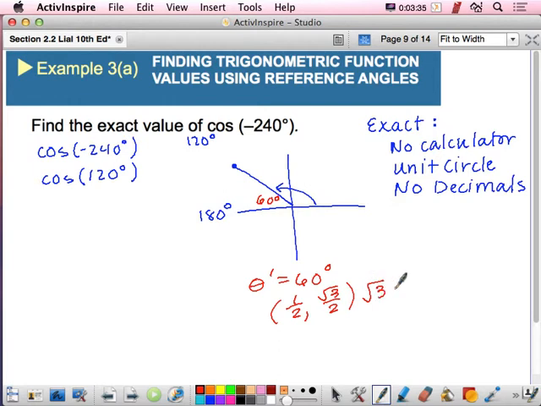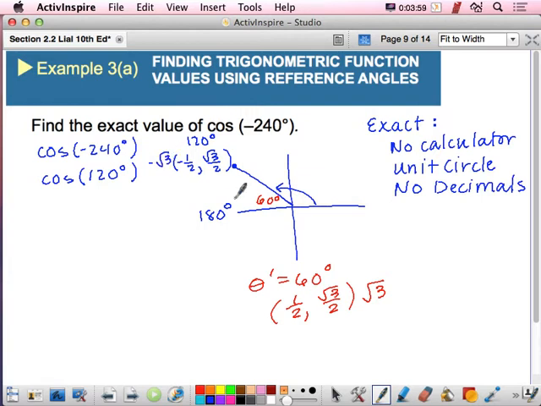Now that's for 60 degrees, right? Yes, you should have that point memorized for the 60-degree angle. Now we need to adjust the signs depending on the quadrant. So the point we're really interested in is the point where x is negative, y is positive, and the tangent value is negative or positive? Negative, right? Because we're in quadrant 2.